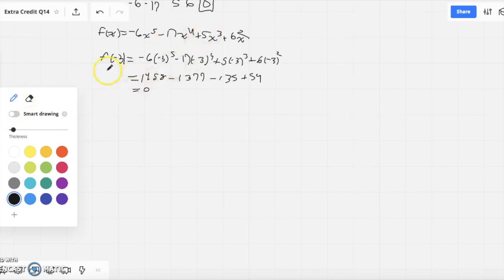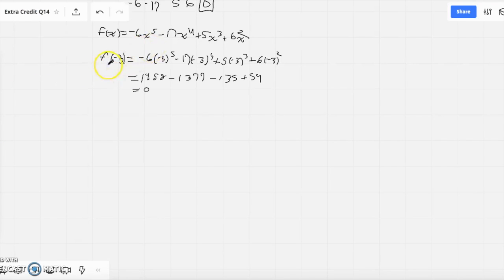Now that we've seen that negative 3 is a root, because when plugged into our new f of x it comes out to 0, we will again go with synthetic division. We put negative 3, and then use the terms in our equation: negative 6, negative 17, 5, and finally 6.